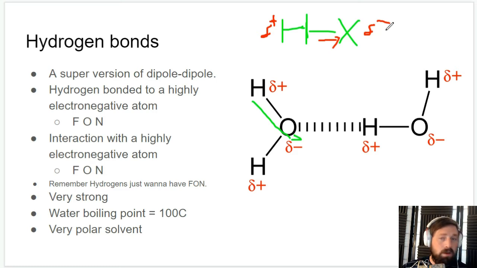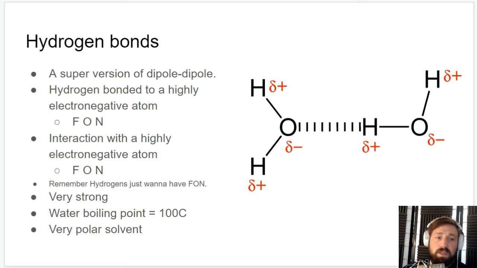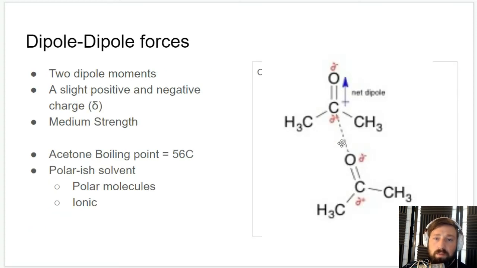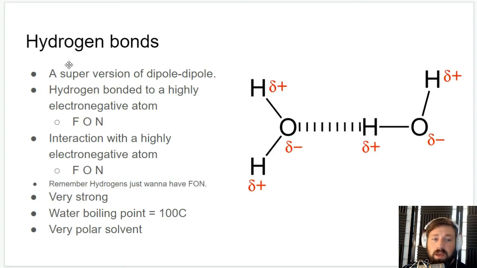So when it comes to dipole-dipole, let me bring it back to here. Remember about Coulomb's law. It's all having to do with charge and distance. So the charge of these positives and negatives matters, and then the distance between them matters.